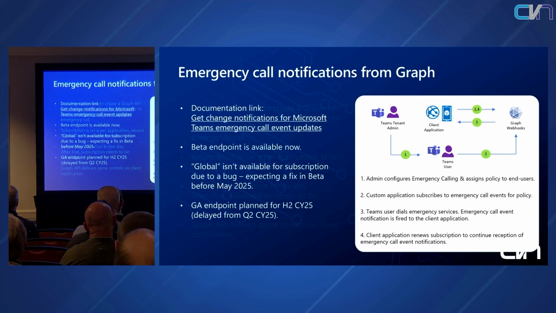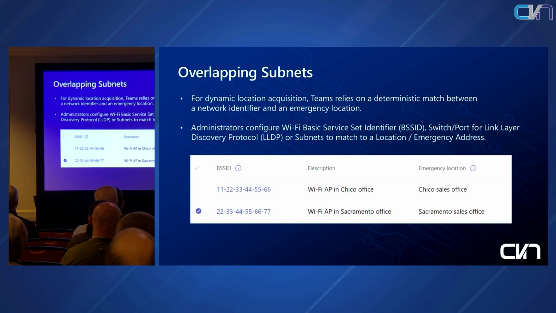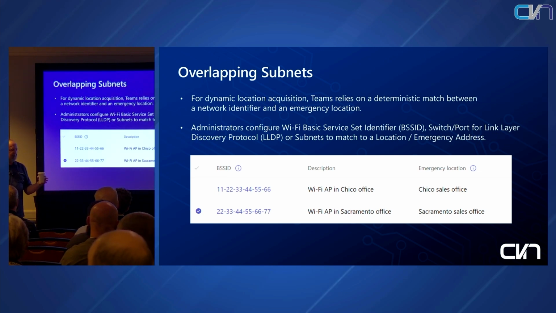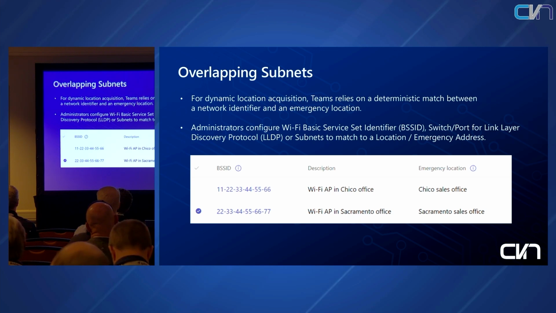Cool. On stuff that we're working on: overlapping subnets. So when an administrator is configuring dynamic emergency calling, they define a set of network information and the physical location that the workstation is supposed to be in.